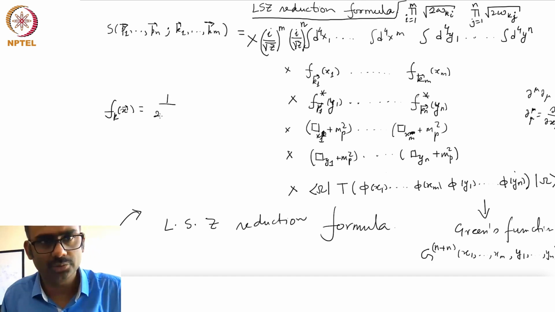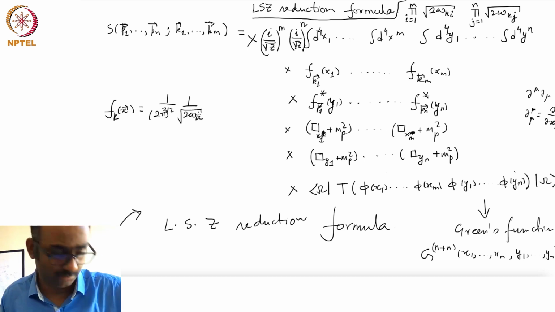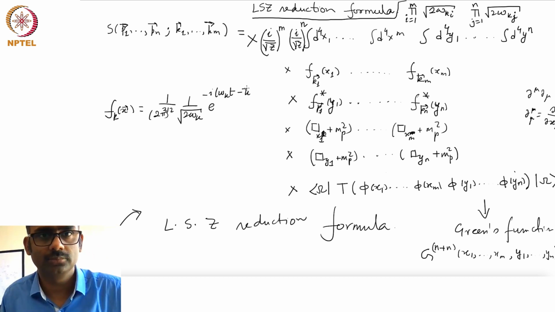This was 1 over (2 pi) to the 3 over 2, and then you had 1 over the square root of 2 omega k. Okay, that was the definition.